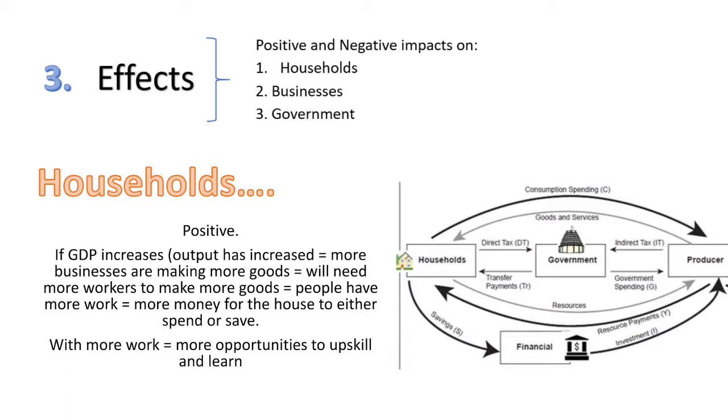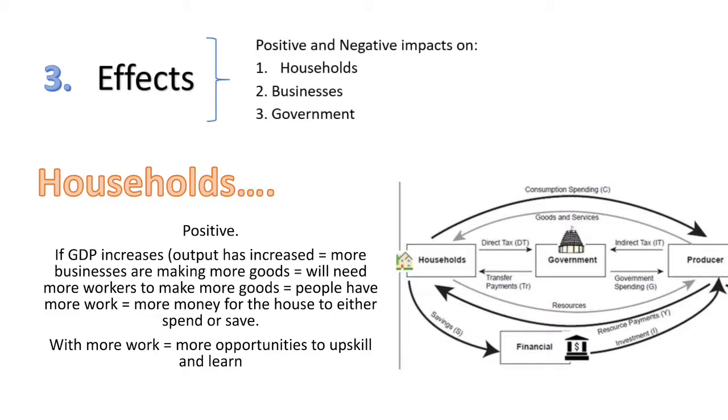Because producers are making more things, they're going to need more workers to make more things. So employment will increase, okay? People will have more work, and because people are working more, they're getting paid more.